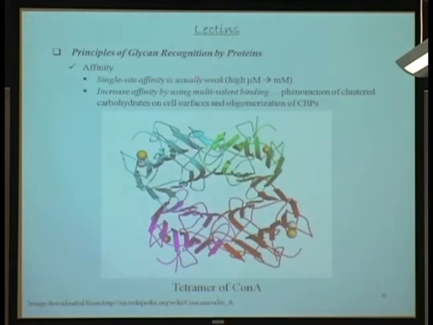And yet, as I said, there is considerable stereospecificity and very good recognition. How does that arise? That arises by the protein, in this particular case, CON-A, forming multimeric species. So when you have a multimer, you actually engineer several binding sites.